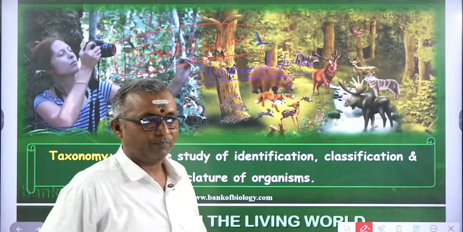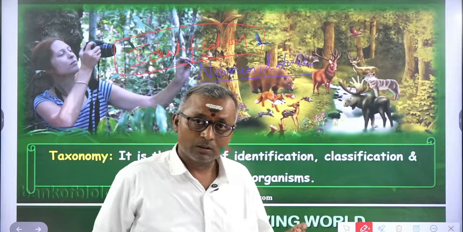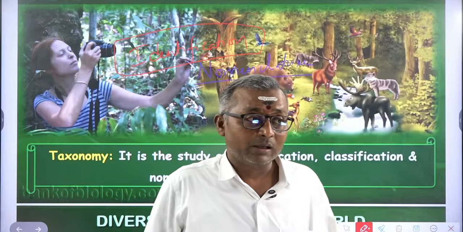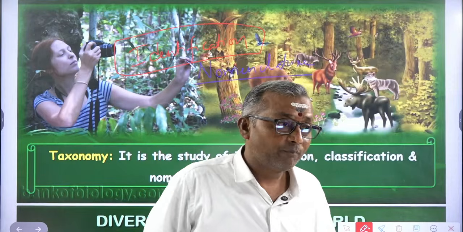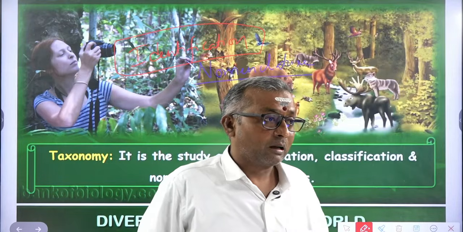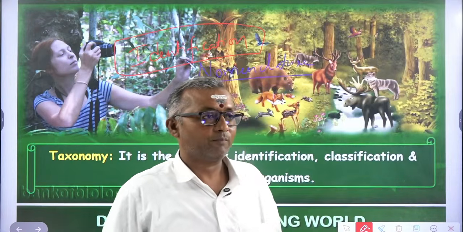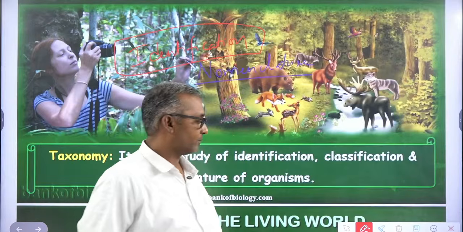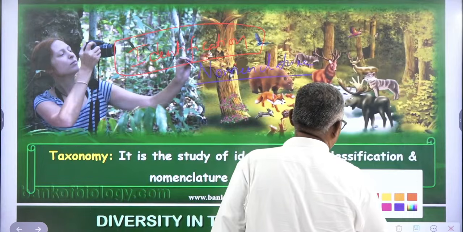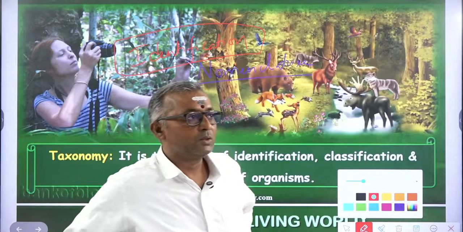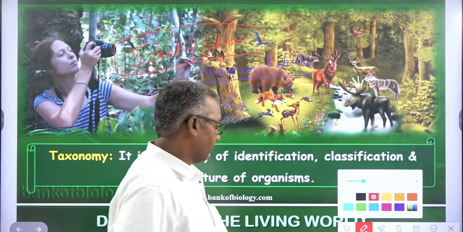And identification is the process of determining whether the collected specimen is already known or unknown. That is called identification.